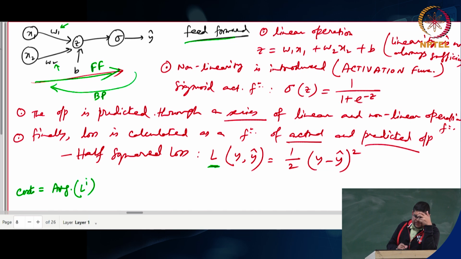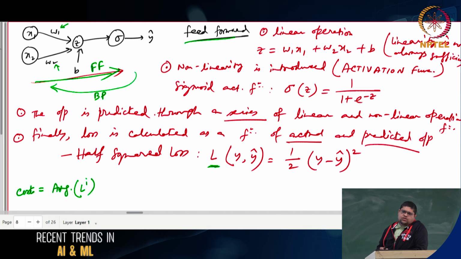Initially we arbitrarily took some W's, but they may give a higher amount of loss. So I have to propagate back and change my W's, and there will be some formula that we will call to update the W's.